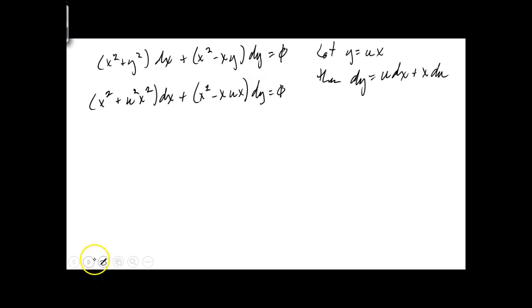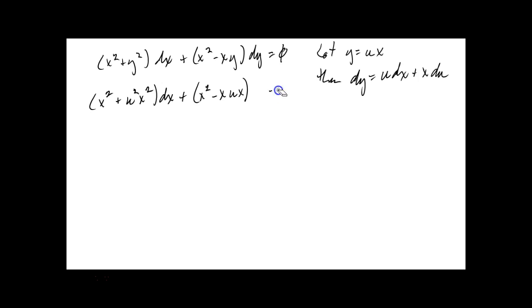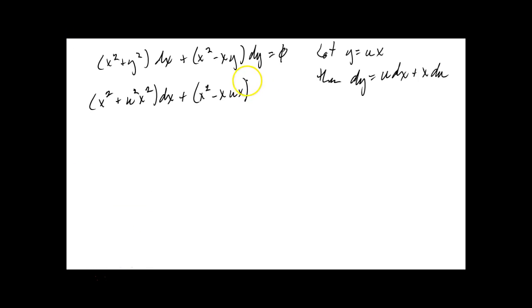Oh, but let's not even write the dy there. We don't need it. So let's write that as u dx plus x du, and that's equal to 0, because that's what your dy is. Okay, again, get your x's together, the dx's together and the du's together.